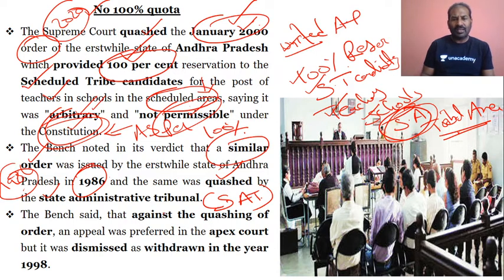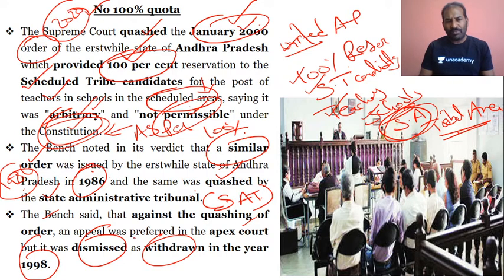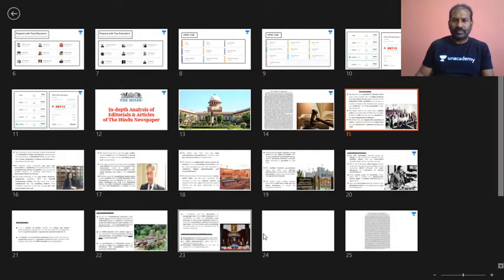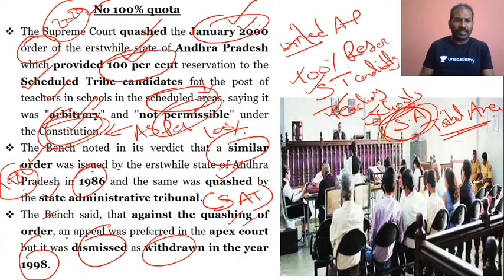They went against the quashing of the order. They preferred an appeal before the apex court, but it was dismissed, and the government withdrew it. So in 1986, when it was quashed by the State Administrative Tribunal, when they wanted to appeal before the apex court, it was dismissed and the government withdrew it in the year 1988.